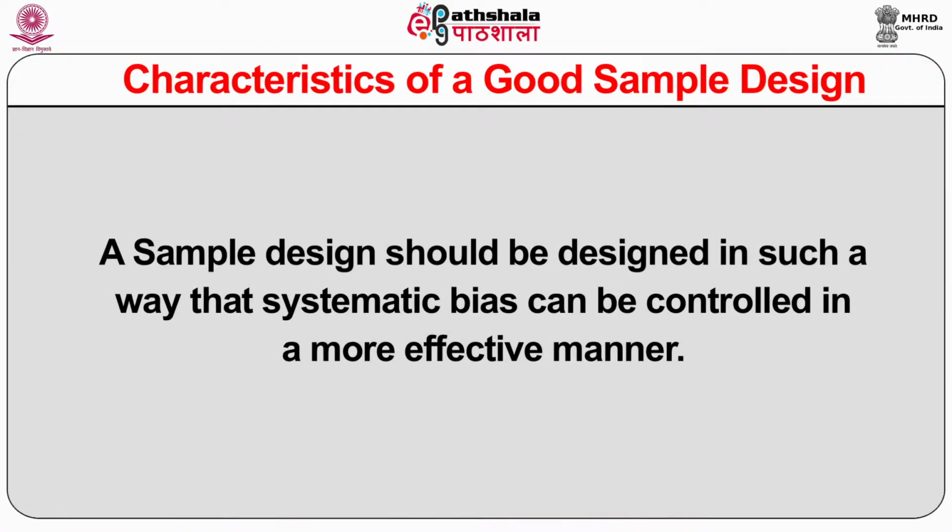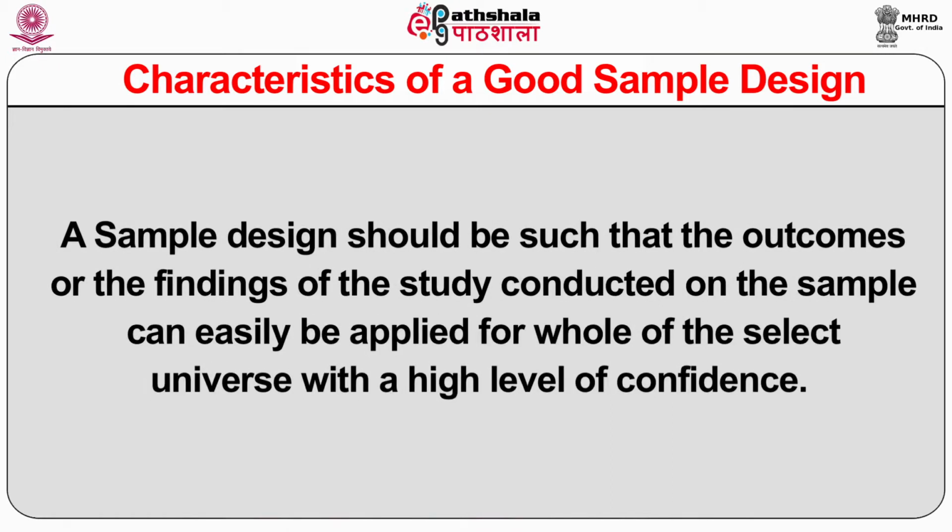Thirdly, a sample design should be realistic in a sense that it can be applied practically and is viable in terms of the money involved for conducting the study. Fourthly, a sample design should be designed in such a way that systematic bias can be controlled in a more effective manner. Fifthly, a sample design should be such that the outcomes or the findings of the study conducted on the sample can easily be applied for the whole of the select universe with a high level of confidence.